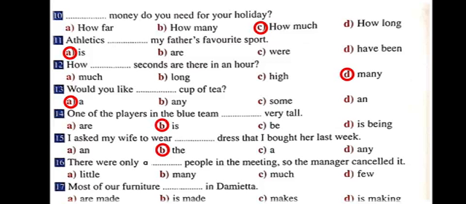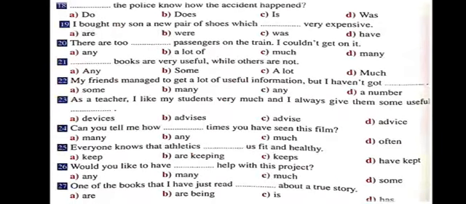There were only a space people in the meeting, so the manager cancelled that. Little, many, much, few. Few. Most of our furniture in the meter are made, is made, makes, is making. Furniture is uncountable, so it's is made. 18.